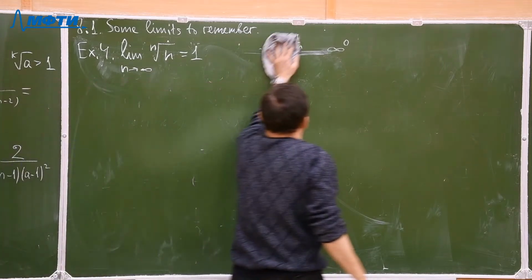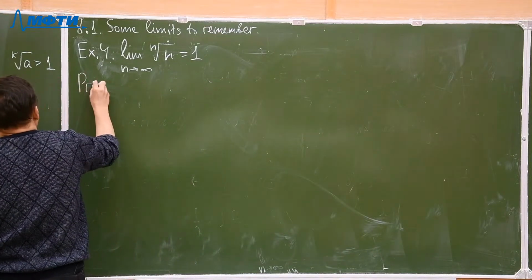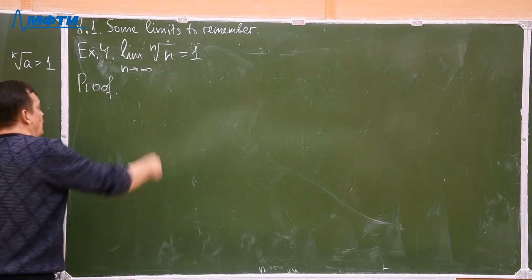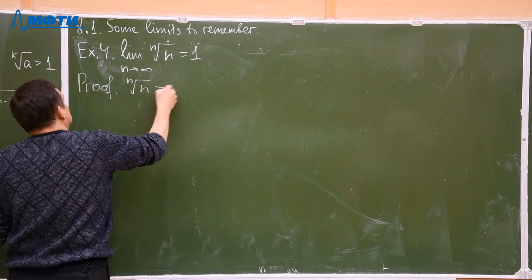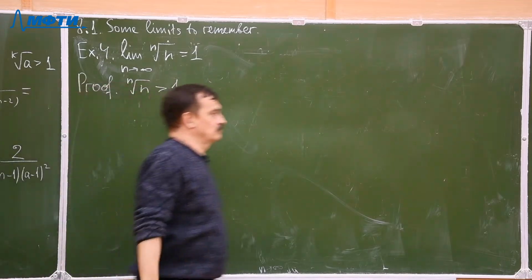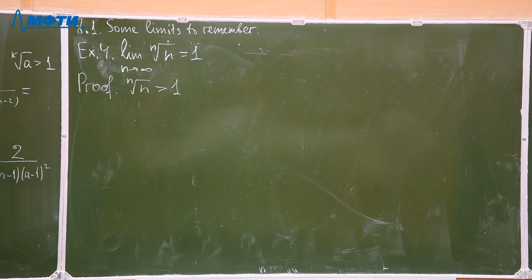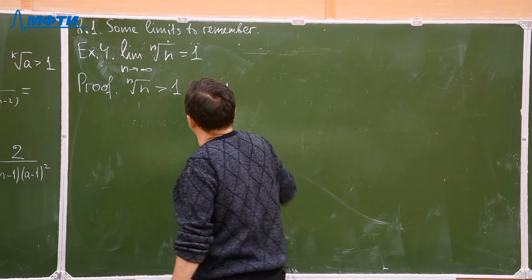Okay, let's prove it. First of all, by the property of nth root, clearly nth root of n is greater than 1, because n is greater than 1, right?